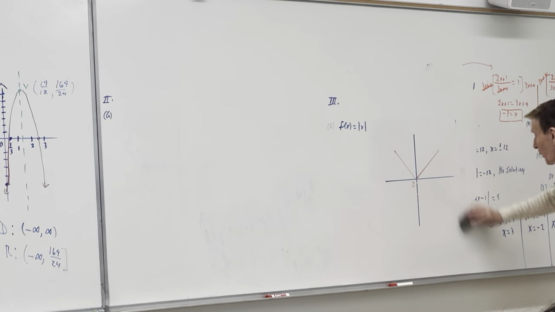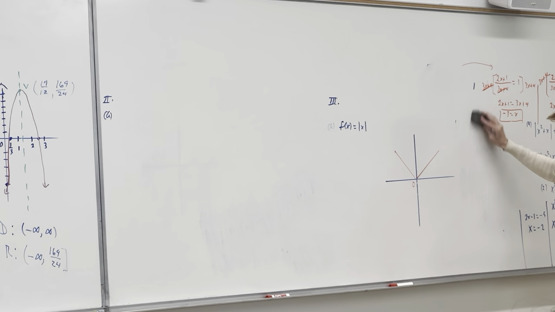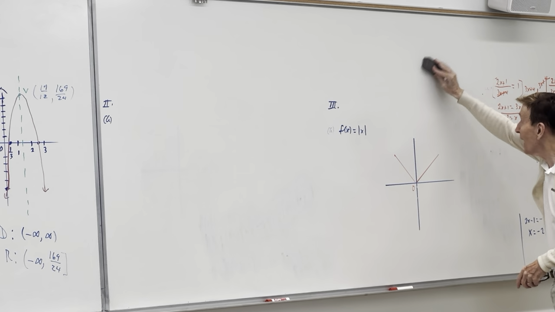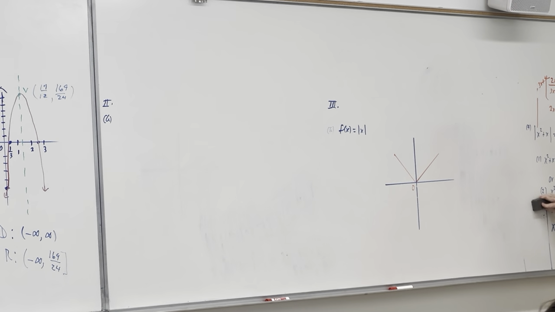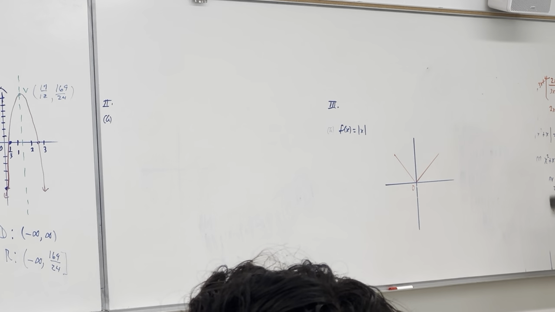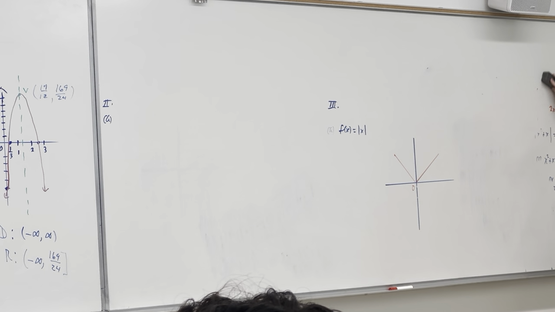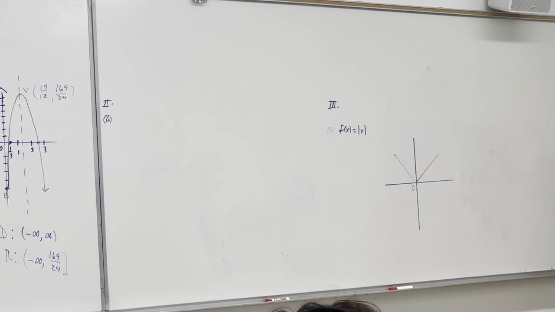Okay, guys, on inequalities. You say, oh, Professor, my goodness, you showed me how to solve an equation with an absolute value, and now all of a sudden you're saying, how about an inequality? Let me erase all this so we don't look at it. Now, here's my unique way to do this.